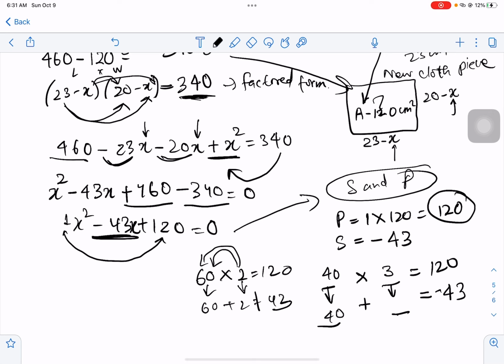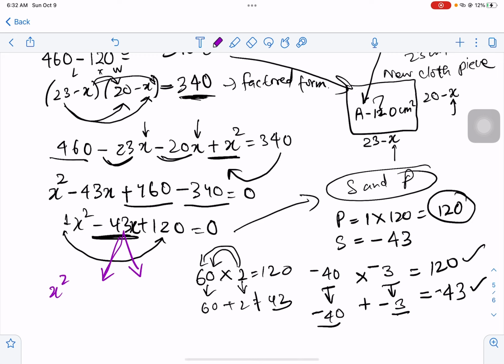But will I get negative 43? Since it is positive 43, no, it's not good. But since the numbers are okay and only the sign is the problem, I can take the opposite sign. Negative times negative is positive 120, and negative 40 plus negative 3 is negative 43. So that is the correct combination.